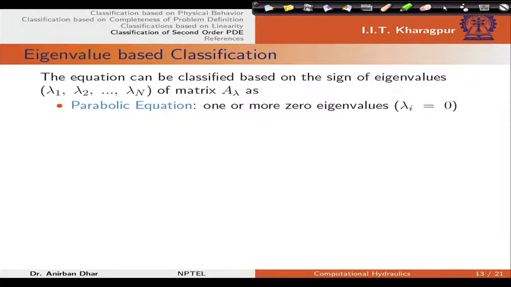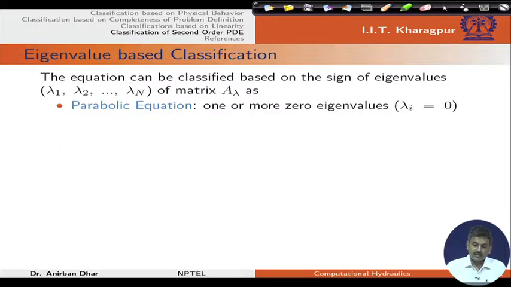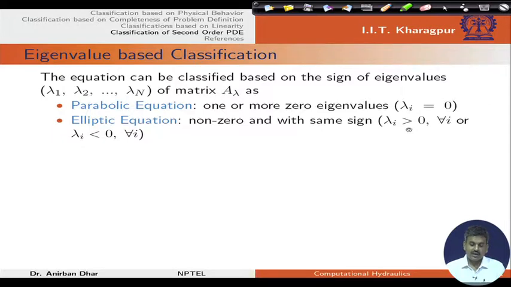So, equation can be classified based on sign of eigenvalues lambda 1 to lambda n of the matrix A. For parabolic equation, one or more 0 eigenvalues. If we have elliptic equation, non-zero and with same sign, that means lambda i is greater than 0 for all i, or lambda i less than 0 for all i.